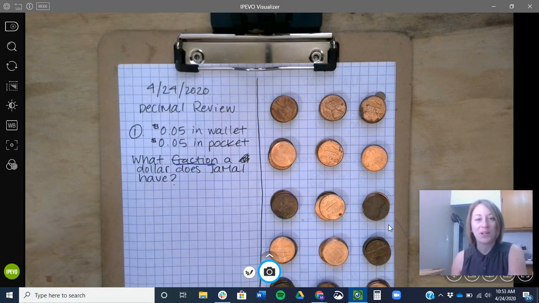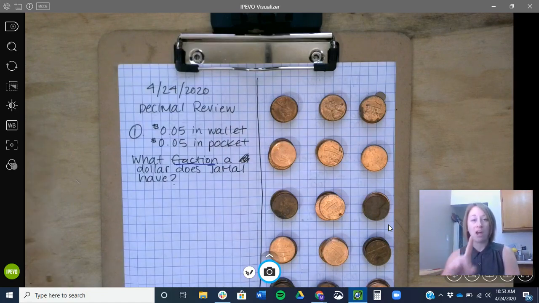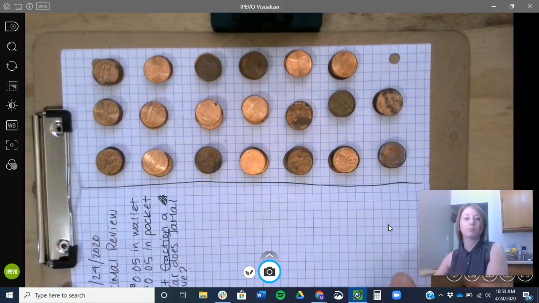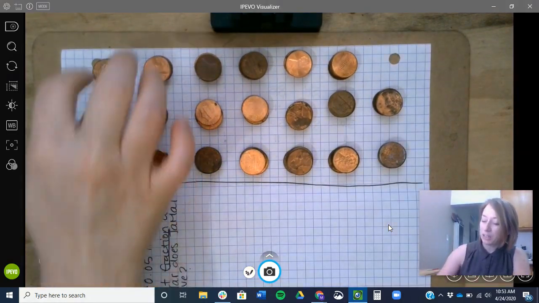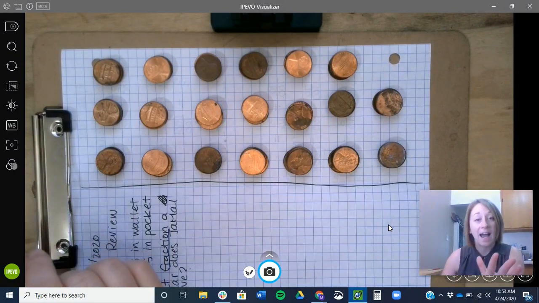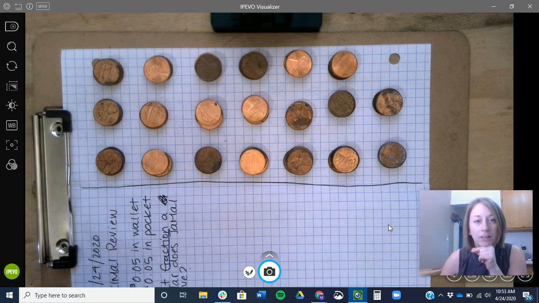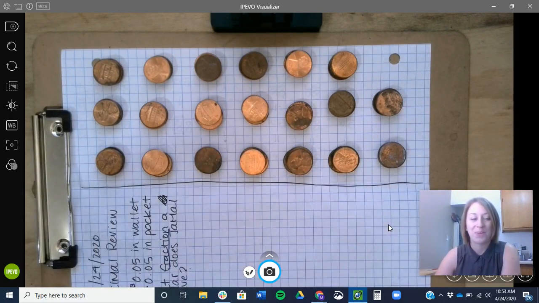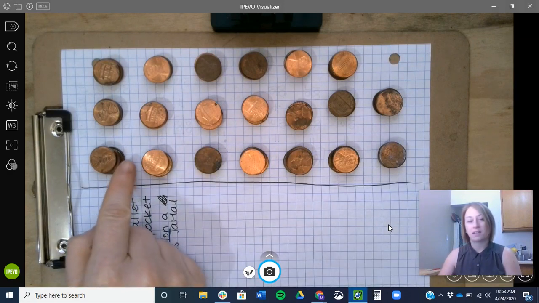Why would I want 100 pennies? Because 100 pennies is equivalent to one whole dollar. And as you can see, actually you don't see all of my pennies. There we go. And each of these are in stacks of 5. I thought it would be way too tricky to have to line up all of these pennies. So they're in stacks of 5.